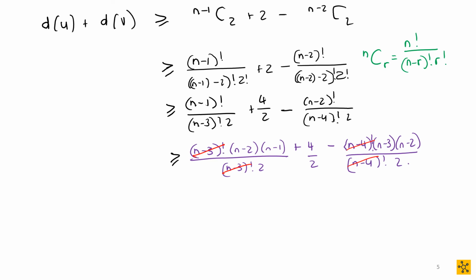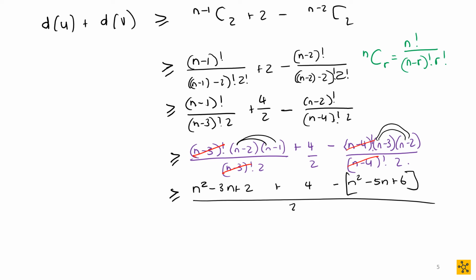And that gives us, again, n squared, and I'm just multiplying everything out now. So n squared minus 3n plus 2, plus the 4 that's there, minus n squared minus 5n plus 6, but this is all divided by 2.